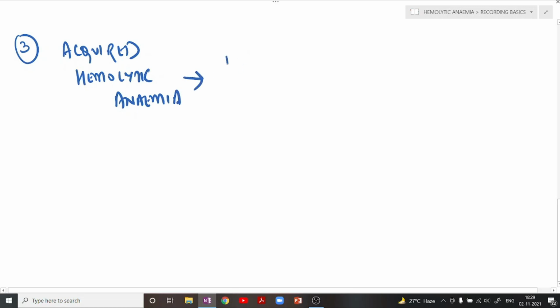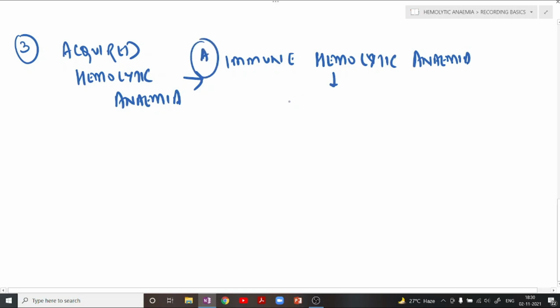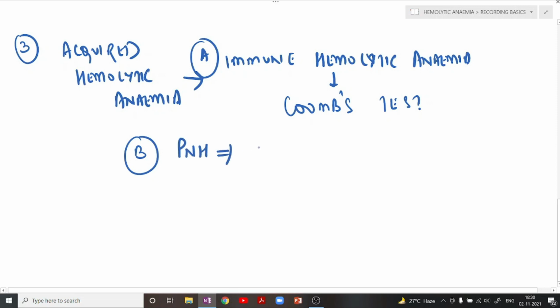For immune hemolytic anemia, there is a special test, very commonly known as the Coombs test, also called the antiglobulin test. The other acquired condition is PNH, paroxysmal nocturnal hemoglobinuria. For this we have different tests.